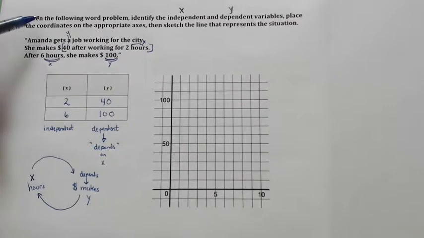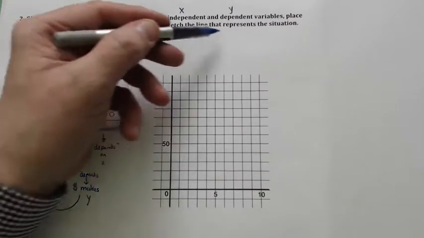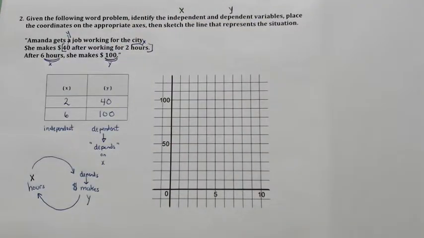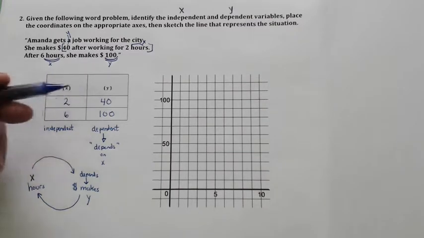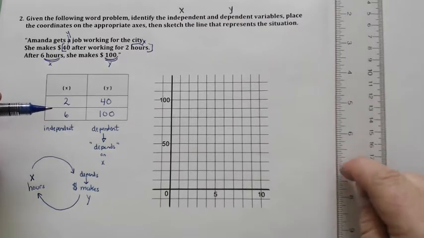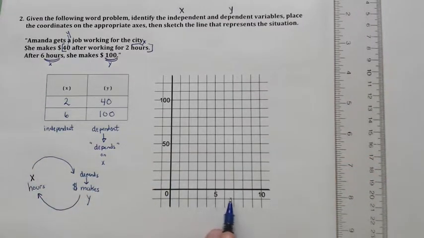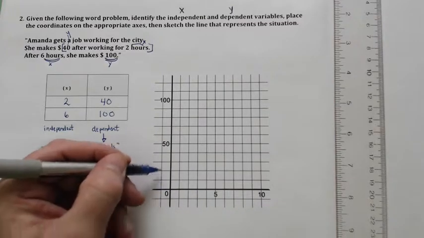The question says, given the following word problem, identify the independent and dependent variables, and then place the coordinates on the appropriate axis, and then sketch the line that represents the situation. So the next step then is to say, okay, well, after 2 hours, I made $40. Where does that happen? On the Cartesian plane. And then we'll take a look at connecting them up and making a line. So you can see that I'm going up by ones here, and I'm going up by a different number here.